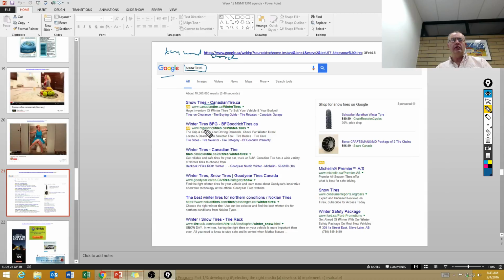We have Goodrich tires, here's someone else, here's someone else. All these results just pop up on the basis of what I entered. And these are all ads, right? Canadian Tire, Goodyear, Nokian tires, Tire Rack. So this is an example of a keyword search kind of ad response.